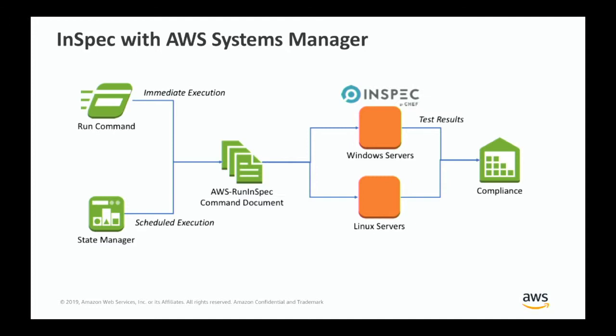So the idea here is, as an AWS customer, you can just execute a Run Command once, or you can use State Manager to have it run every hour or every day or whatever. You pick the built-in AWS run InSpec document. You run it on all the servers that have the Systems Manager agent installed, and then you get a report of which of these are actually compliant with the InSpec profiles that I picked.